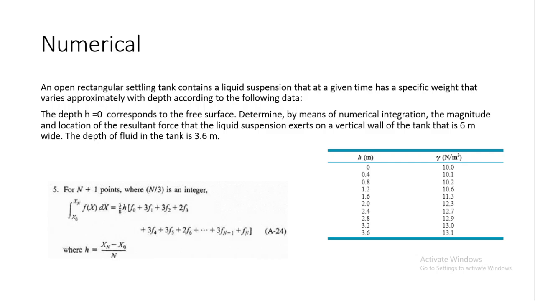We have been given certain data, and what we have to do is determine by means of numerical integration the magnitude and the location of the resultant force that the liquid suspension exerts on the vertical wall of the tank, which is 6 meters wide, and the depth of the tank is 3.6 meters.